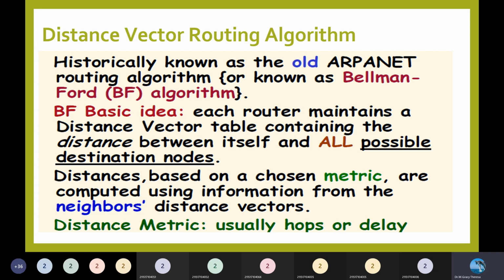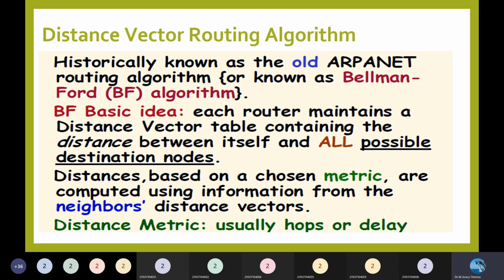Historically, it is known as the old ARPANET routing algorithm, or we can also call the distance vector routing algorithm the Bellman-Ford routing algorithm, because by using the Bellman-Ford equation we solve the problem of updating the routing table.